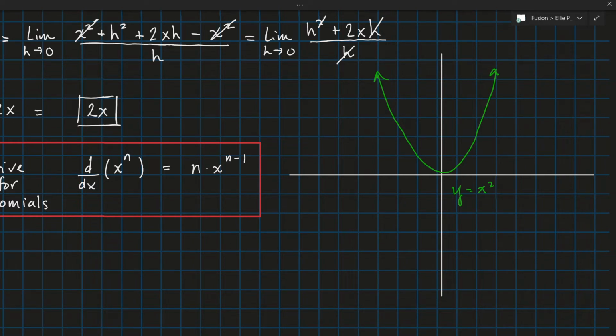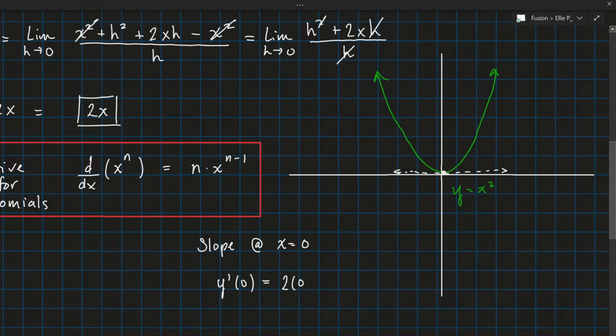But if we want to see what that means, like let's say we want the slope at x equals 0. So the slope at this point will be a horizontal line. And if we plug it into our function here, our y prime of 0, well, we get 2 times 0, which is 0, which is a horizontal line.